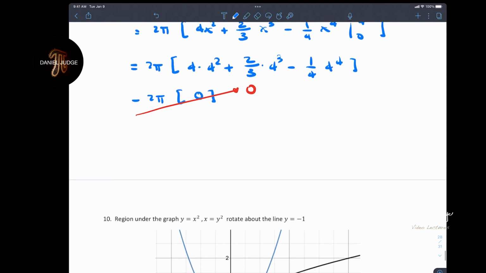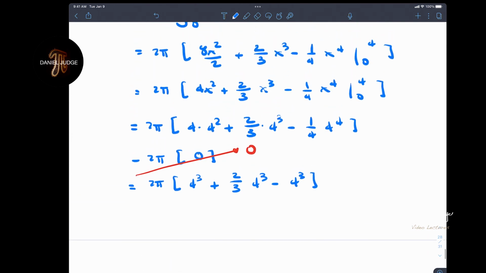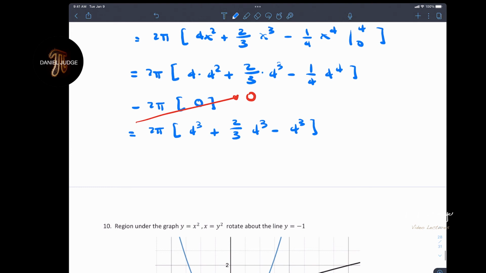Okay. 2 pi, 4 cubed plus 2/3 4 cubed. Looks like minus 4 cubed. Let's double check our arithmetic. Yeah. Which is 2 pi now times 2/3 4 cubed, which would be 4 to the 4th over 3 pi.